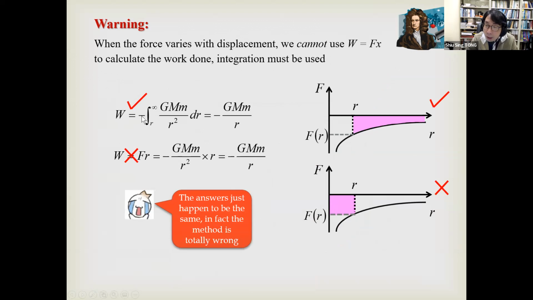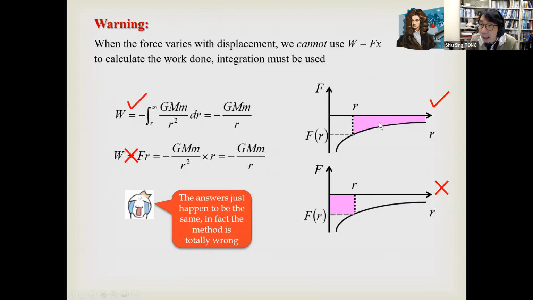So I add a minus sign to cancel that. So what I'm doing here is I integrate the gravitational force itself, because now we have a minus sign. The gravitational force looks like this, minus GMm over r squared. I integrate from r to infinity.